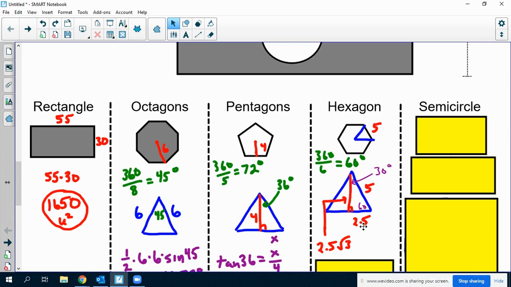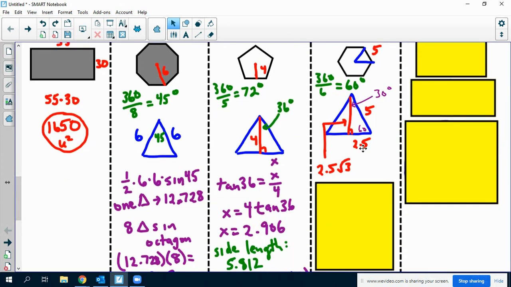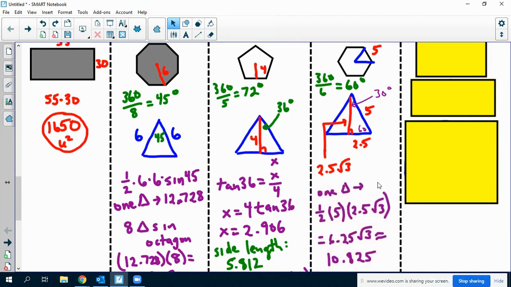I actually could do 1/2 times 5 times 5 times sine of 60 to get this triangle, but I'm just showing you a different way, to remind you of 30-60-90 triangles. So if this is 2.5, this is going to be 2.5 square root of 3. You can draw the similar triangle on the inside if you want. So the area of one triangle is 1/2 times base, which is 5, times height, which is 2.5 square root of 3. So you get 6.25 square root of 3, which is about 10.825.